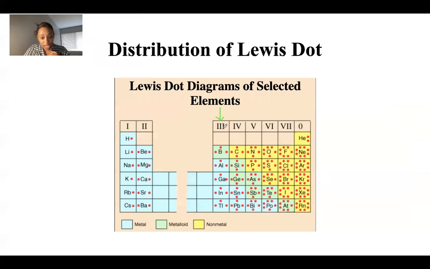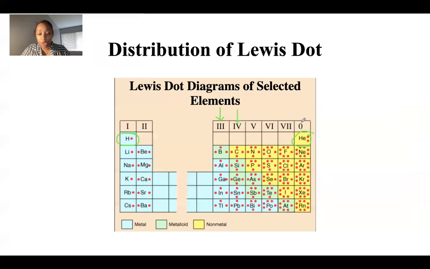Your group 3 elements are going to have 3 valence electrons. Your group 4 elements are going to have 4 valence electrons, and so on, right? The only thing that's different is when you reach helium on the right side and hydrogen on the left side. Those are the exceptions within the periodic table, right?